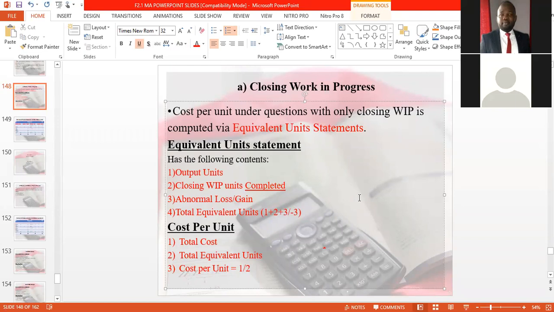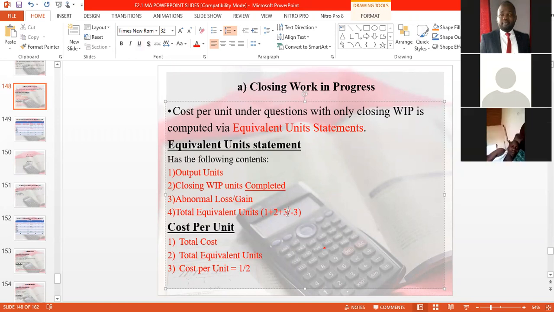Next, you must show abnormal loss. If it's a loss, you add. If it is a gain, you less.